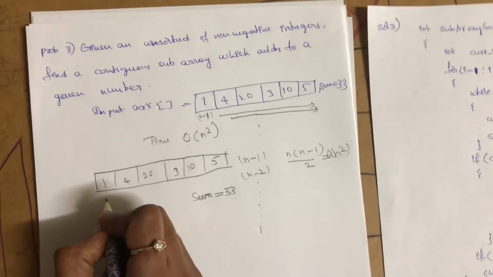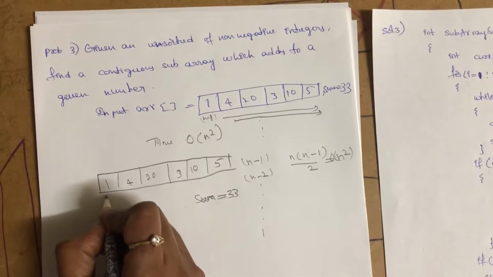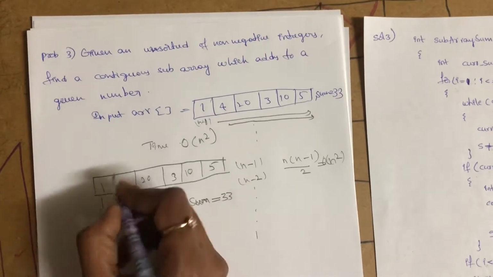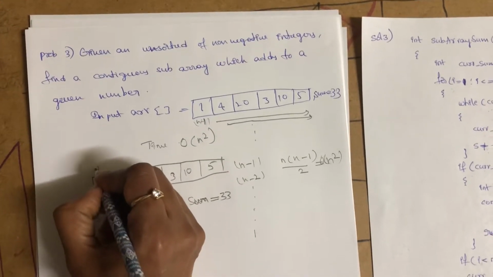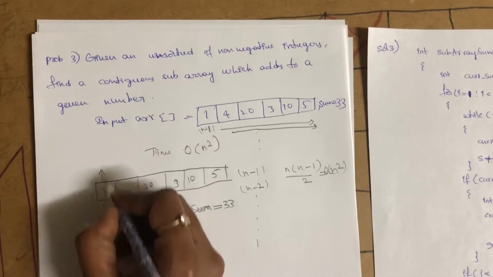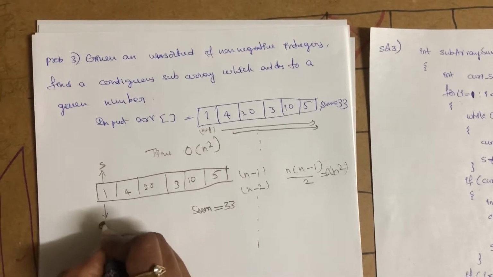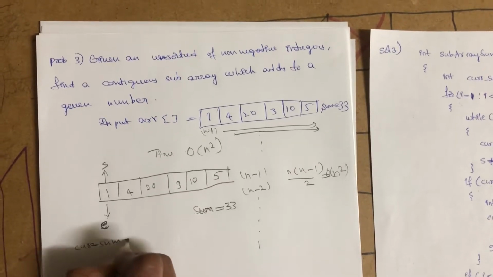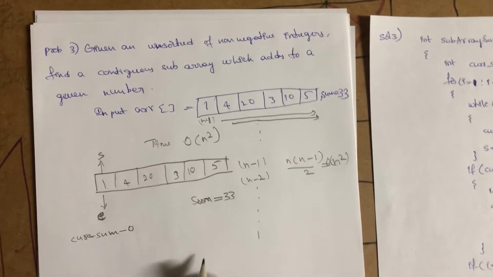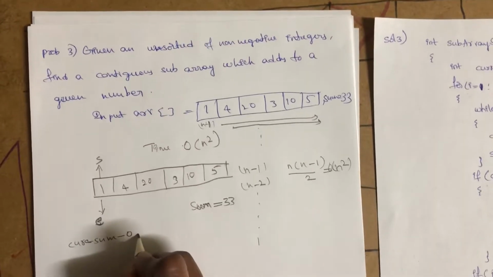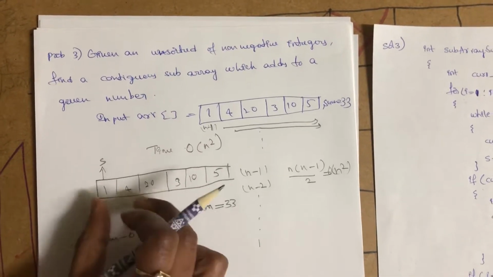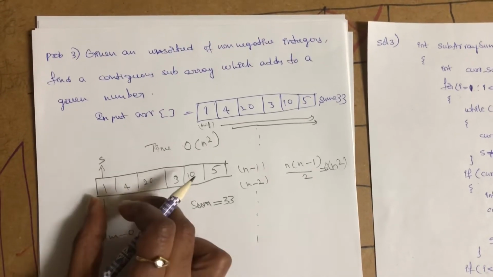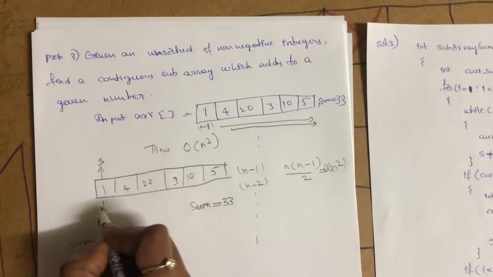If I use pointers, let's say this is the starting point and this is the end point, and I take one variable, current sum, initialized with 0. Then I am going to add all the elements starting from here.